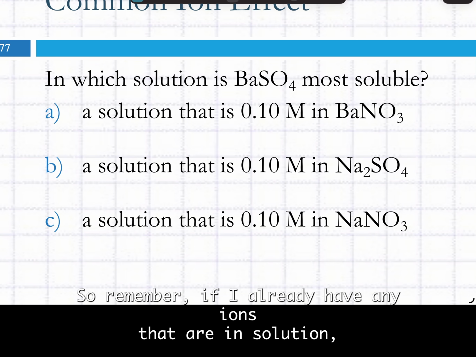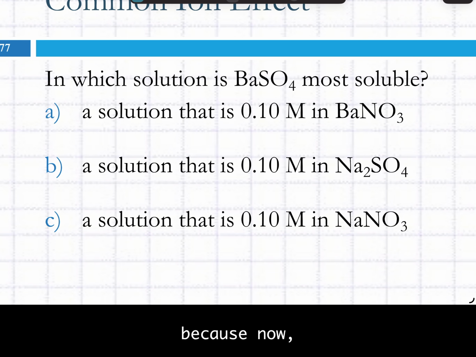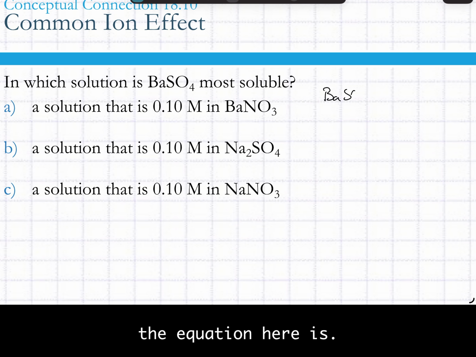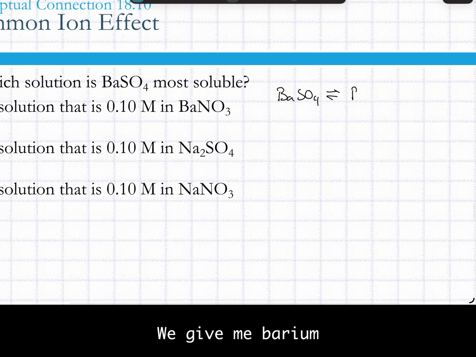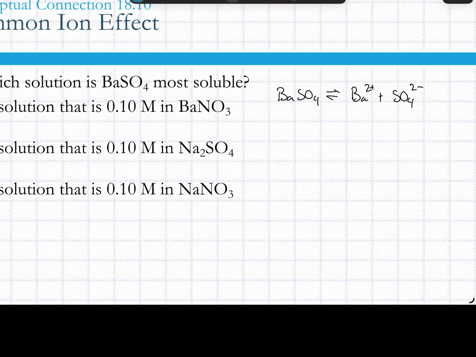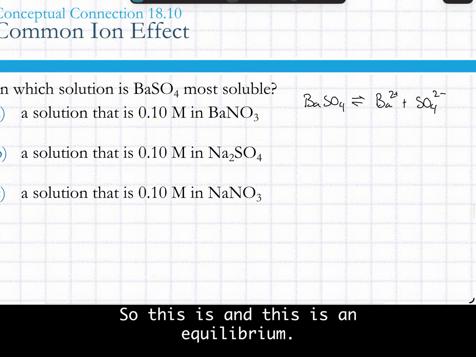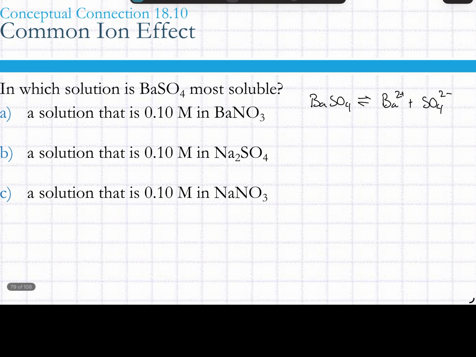So remember, if I already have any ions that are in solution, that's going to make my molar solubility less because the equation here, BaSO4, would give me barium 2 plus and sulfate, which is SO4 2 minus. So this is an equilibrium.